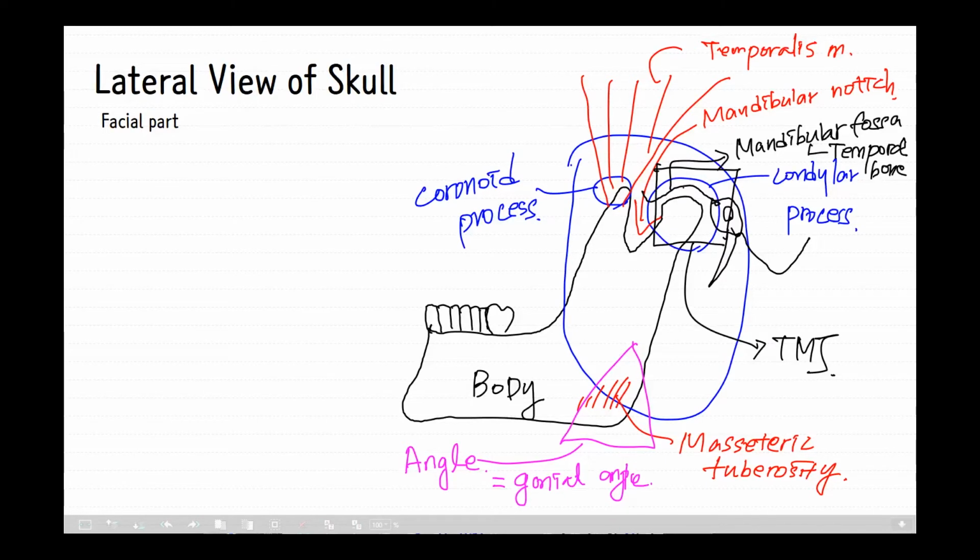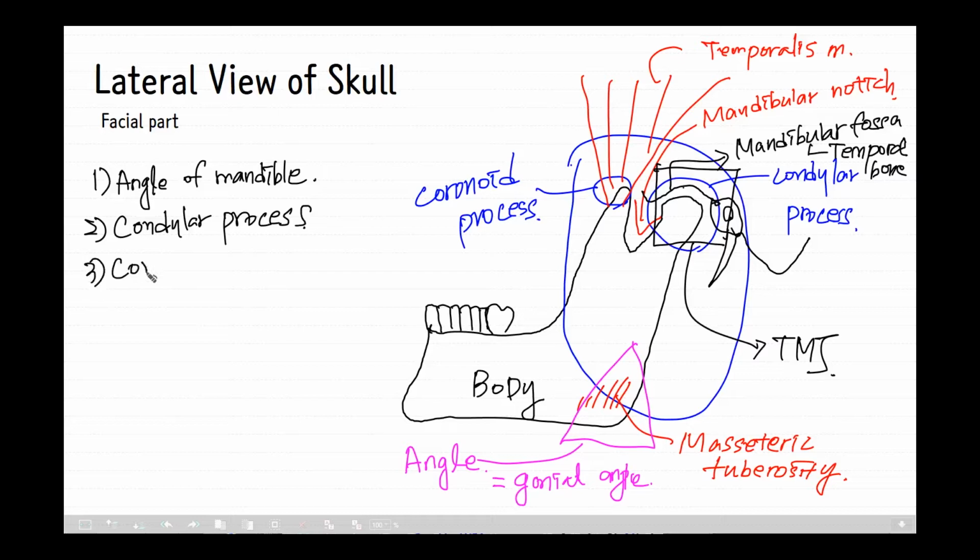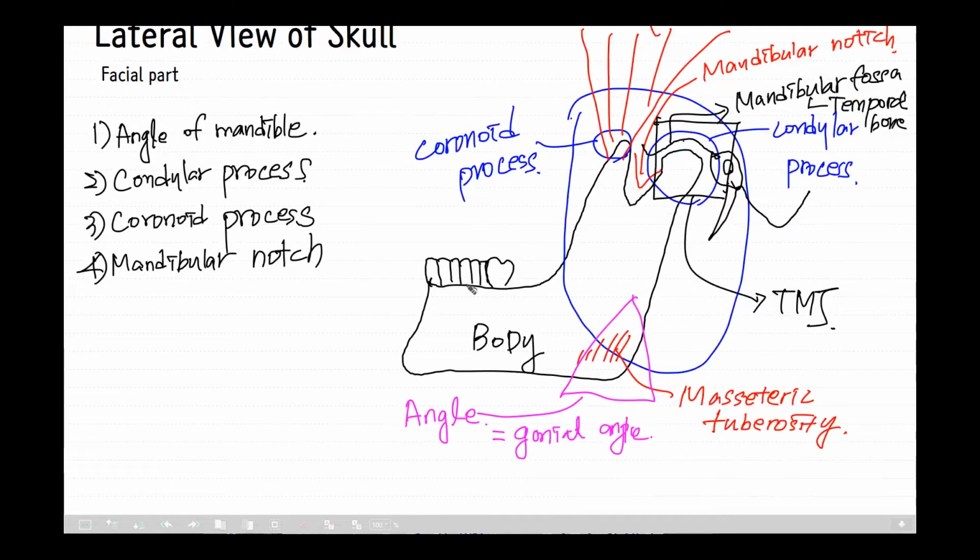As I said, there are 6 notable structures in the ramus of mandible. The first one is the angle of mandible, or mandibular angle, and condylar process, and coronoid process, and mandibular notch, and oblique line, and masseteric tuberosity.